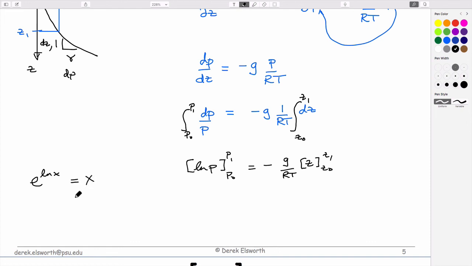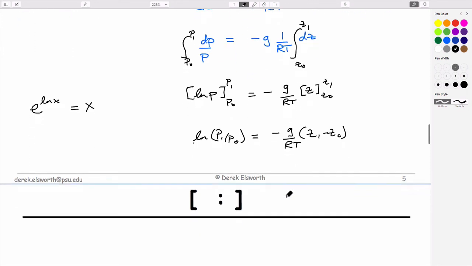If you think back in your mind as to what that is. So you exponentiate both sides. And of course this log p minus log, this becomes log p1 minus log p0, which is the same as log p1 over p0. So let's not exponentiate it first. And this is minus G over RT, Z1 minus Z0, if we integrate and make the substitutions.